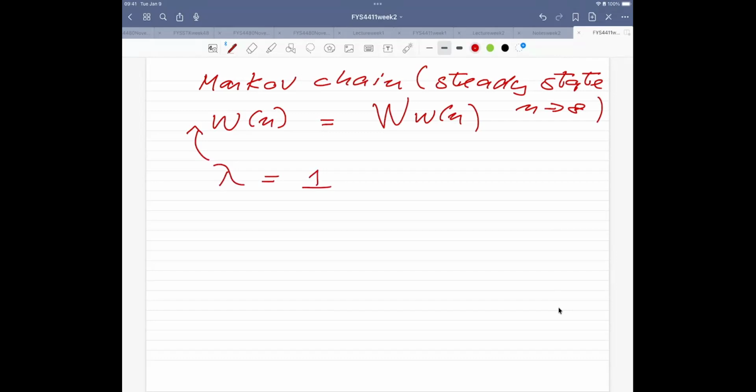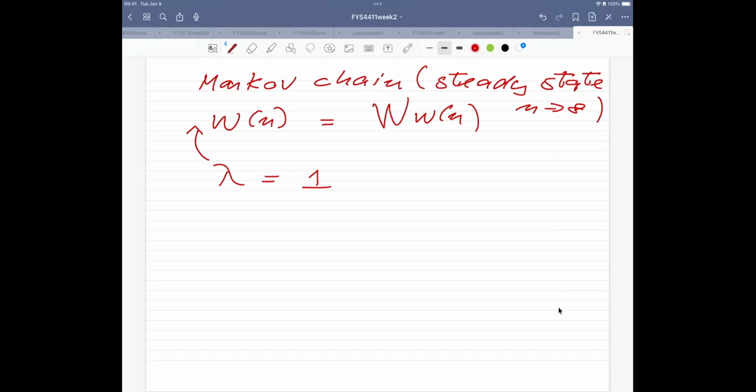If you go into the lecture notes, you will find an example of a 4x4 matrix where we simply start with a random initial value and see how that converges to the steady state. And you will see that that specific eigenvector is the one which corresponds to the eigenvalue equal to 1.